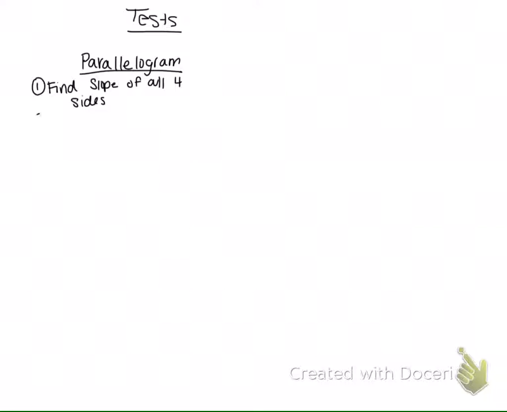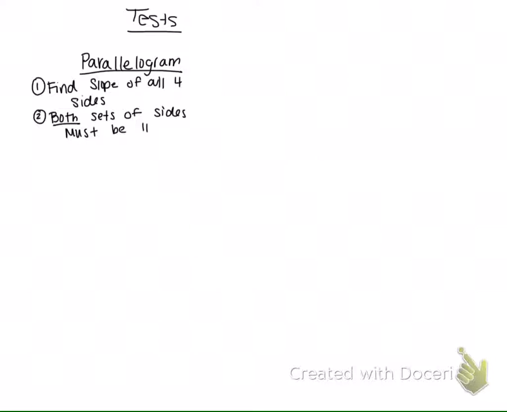And then you look for both sets of sides that must be parallel. For them to be parallel, what do you know about the slope? It's the same. So you're looking for that same slope.